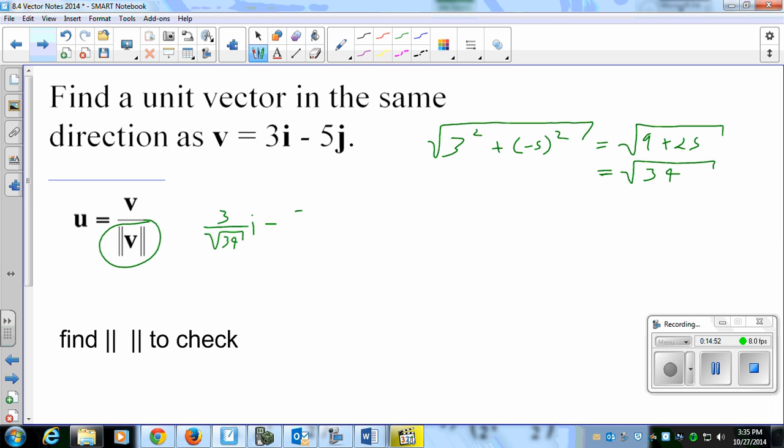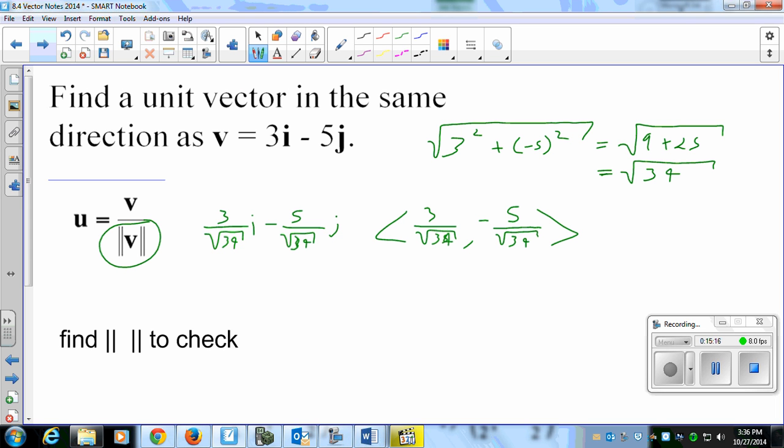Minus 5 over the square root of 34, j. I'm going to write this as 3 over square root of 34, minus 5 over the square root of 34.